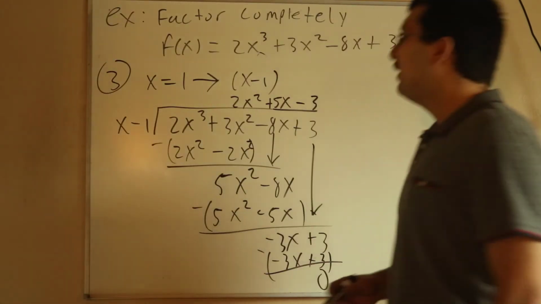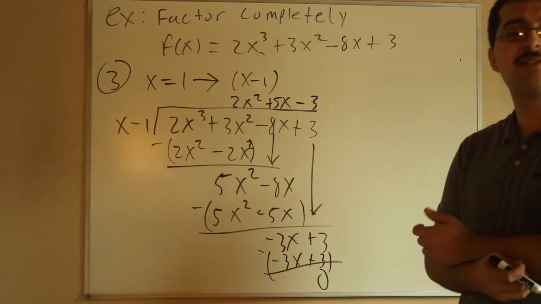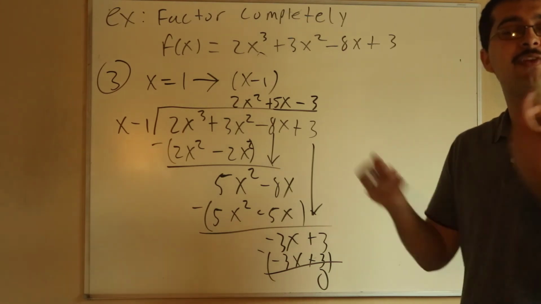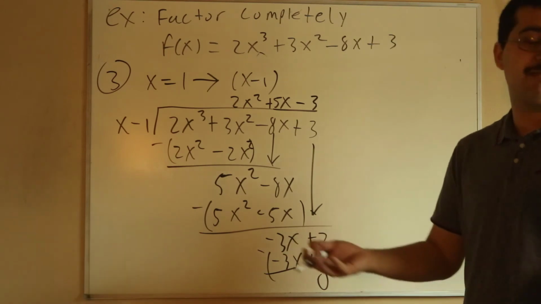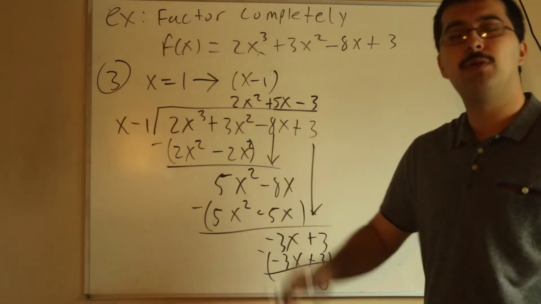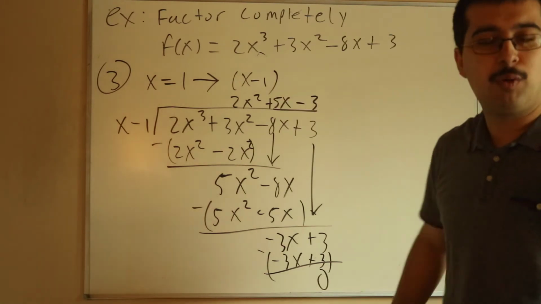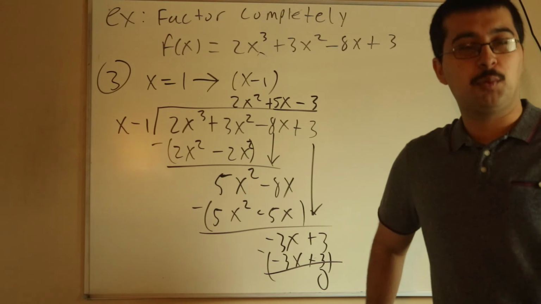Wonderful. So now at this point in our process, we move into step 4. And what does step 4 tell us? See what you have left over. Is it a quadratic? If it is, move to step 5. If it's not a quadratic, repeat steps 2 and 3 until you get a quadratic. Luckily for us, what we're left over with is a quadratic, so we're done with that.